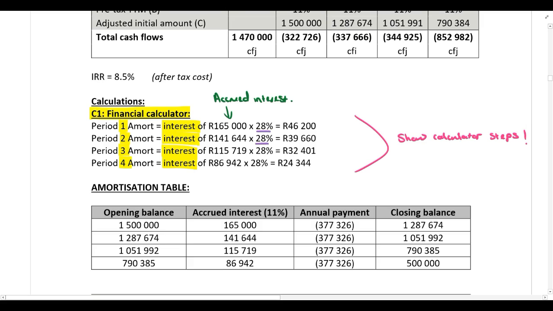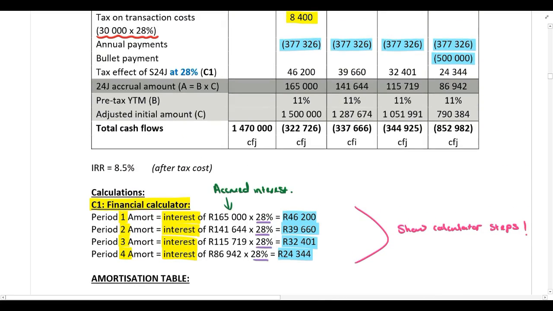So multiply that by 28% so that you can get the tax saving in year 1, 2, 3, and 4. And then you include that tax saving in your calculation above. So please note that is a tax saving. It is shown as an inflow. The company gets a tax deduction for the interest, meaning it reduces the amount of tax that they need to pay across to SARS. Please also always show the tax rate. There's a consequential mark available for showing the tax rate.